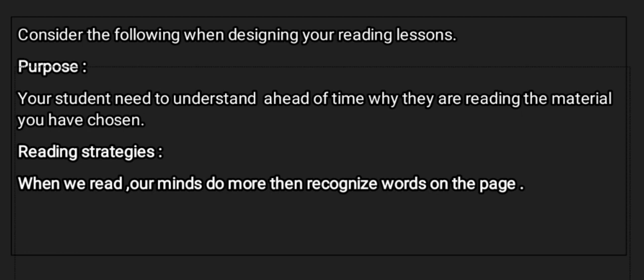Give your students hints by asking them questions about the cover, pictures, headlines, or format of the text to help them predict what they will read.